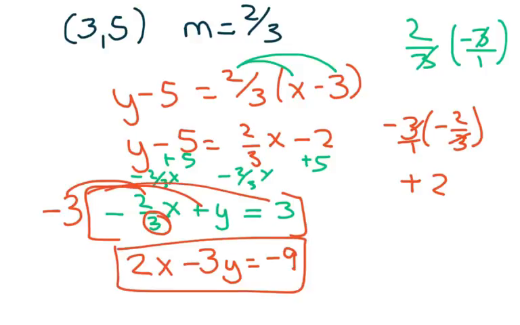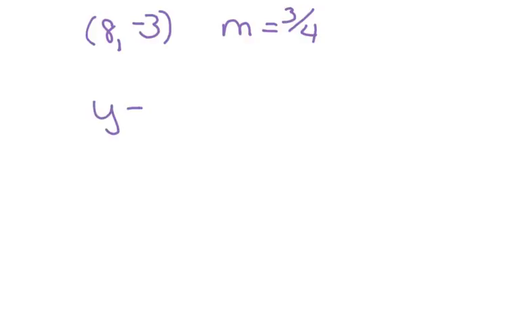And I think we have time for one more fraction one. Let's do 8 comma negative 3. My slope equals 3/4. So what we're going to get is y minus a negative 3 equals 3/4 times x minus 8.